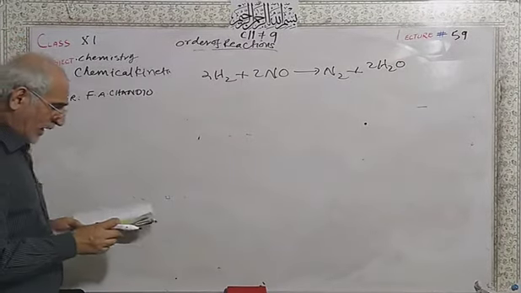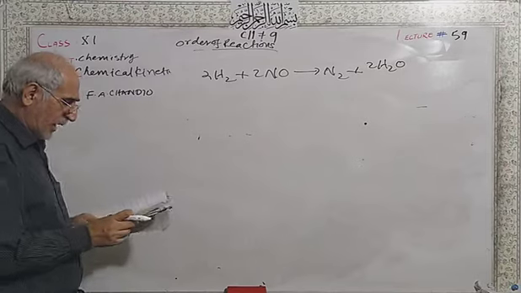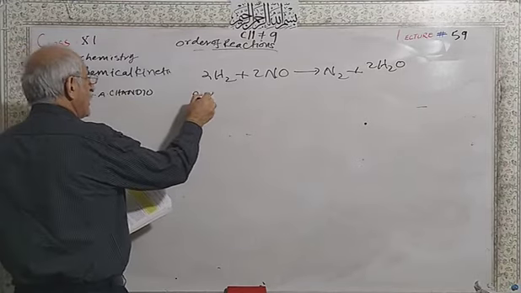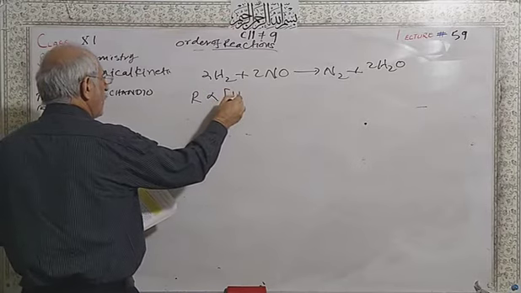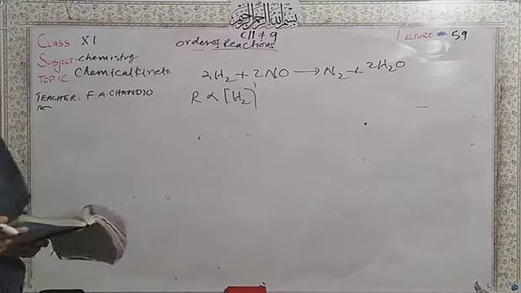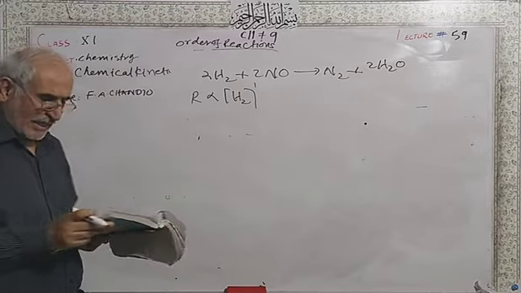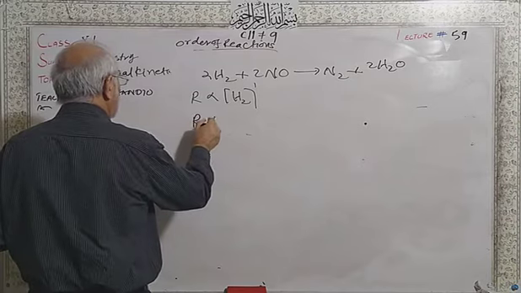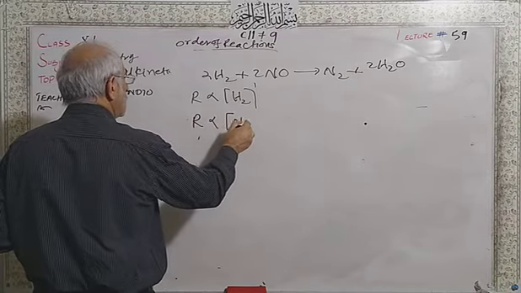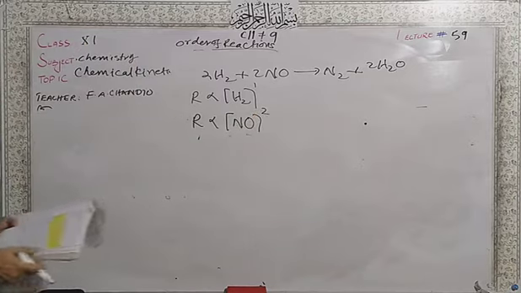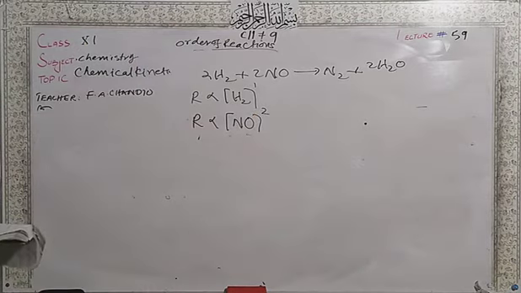He said that the following reaction is first order in hydrogen. So rate is directly proportional, first power in hydrogen. Okay, this is a hint. And second order in nitric oxide. First order in hydrogen and second order in nitric oxide.